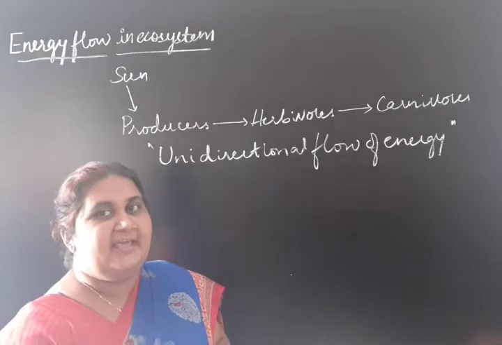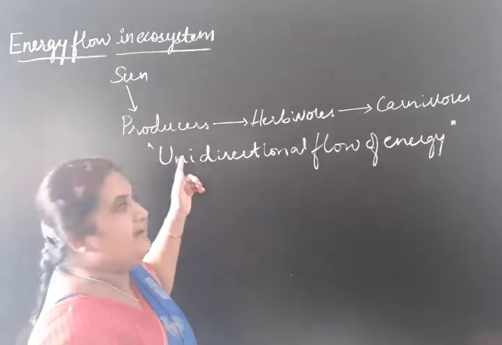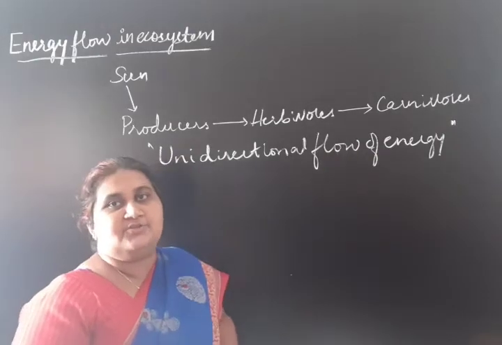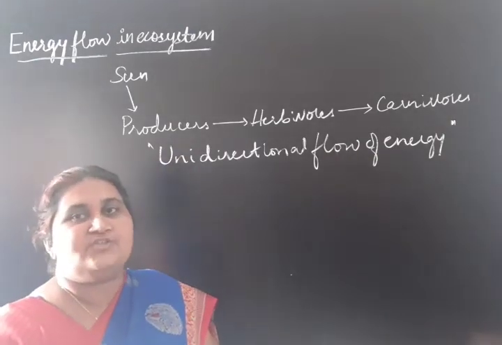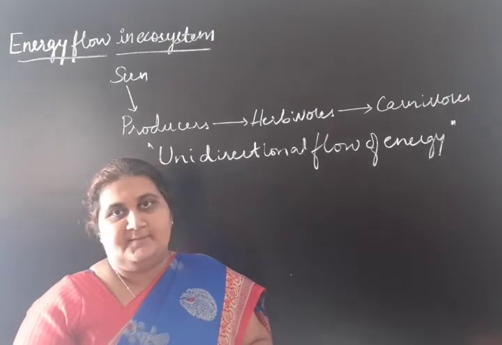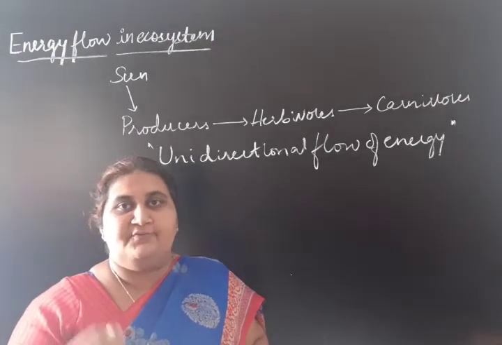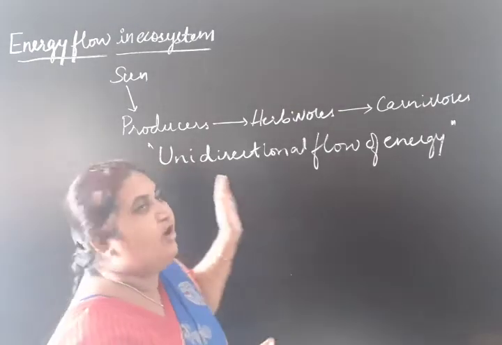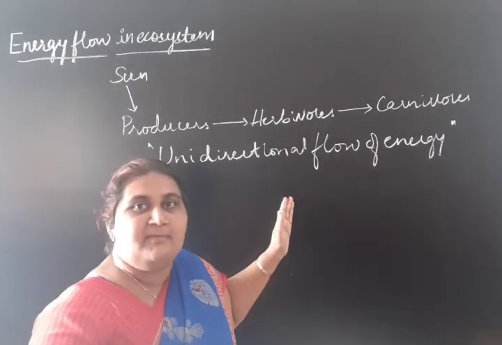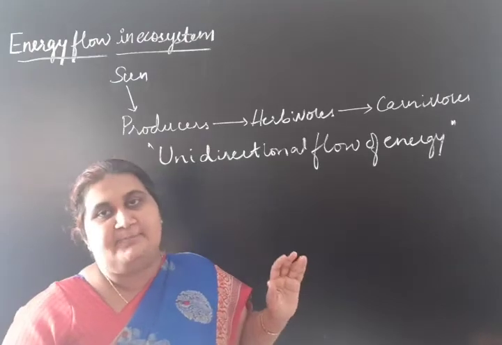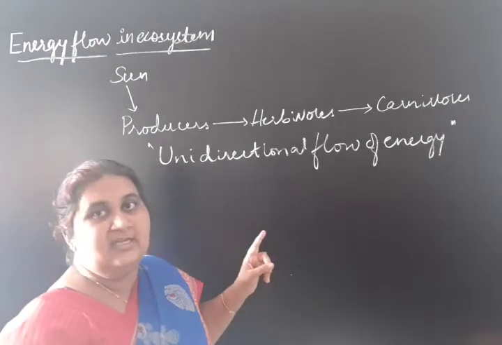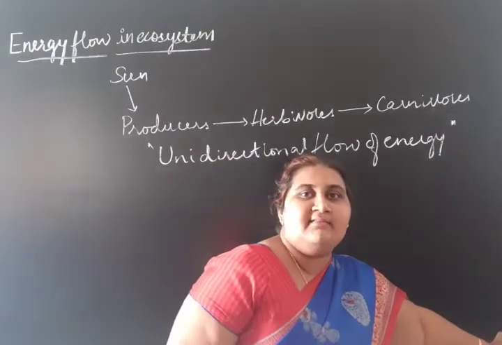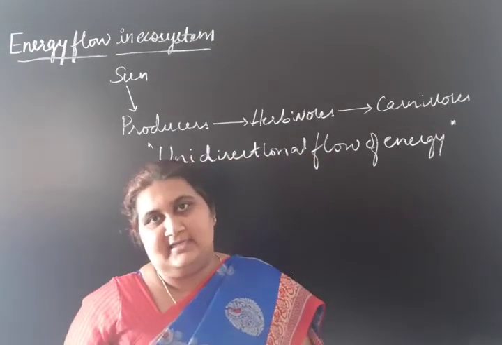So as the energy moves from one trophic level to another trophic level, there will be a loss of energy. Dissipation of energy means loss of energy in the form of heat.